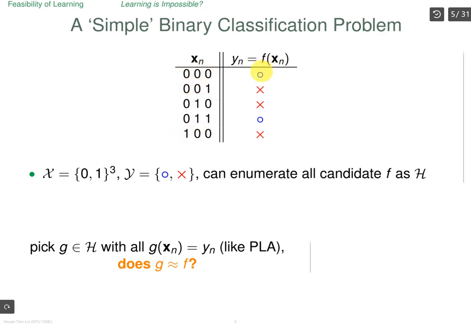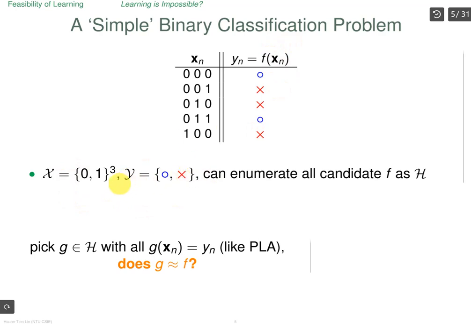And then we have the labels for each example in the forms blue circle, red cross, blue circle, blue, red cross. And assume that these labels were generated by the target function. These are given beforehand: our input space, input data, three-dimensional, and the y given by the target function.